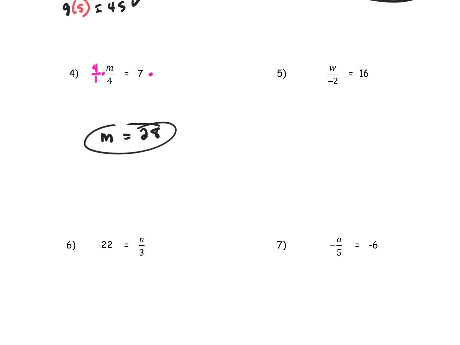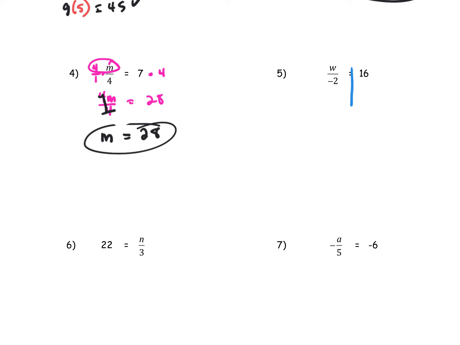And I could do this on both sides, but since I have a whole number on this side, 4 over 1, or 4 divided by 1, is the same thing as 4. So I can just write it as 4 on this side. And 4 times m would be 4m. 1 times 4 would be 4. And so once again, maybe this clarifies how we were able to get m by itself. So let's look at the next example.